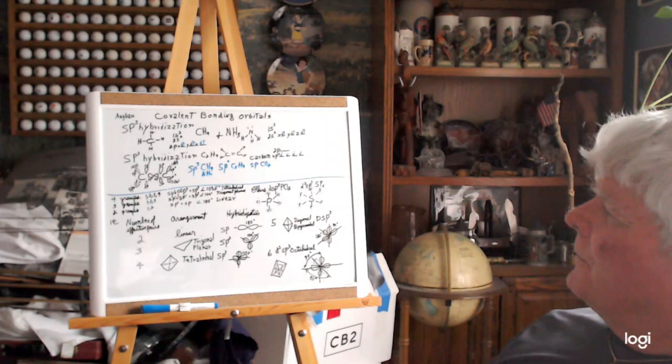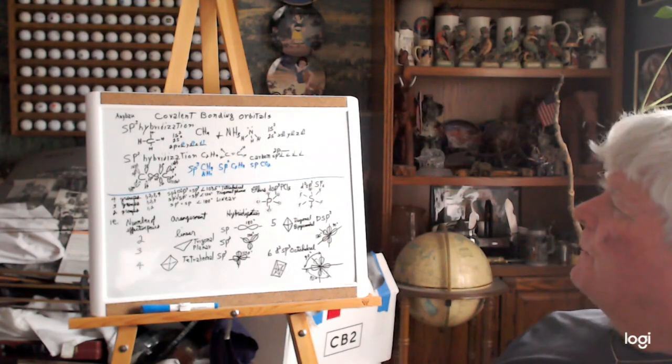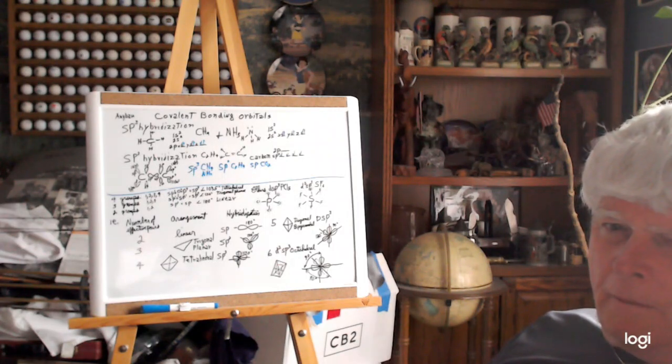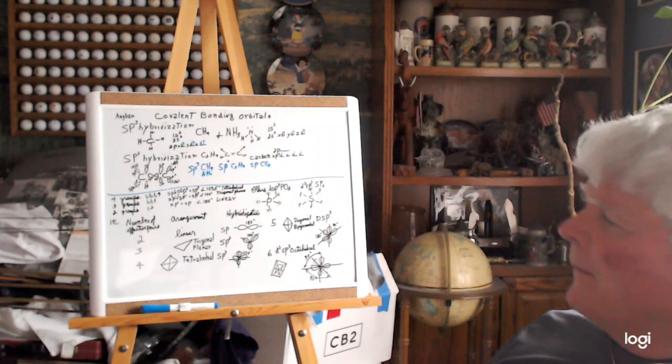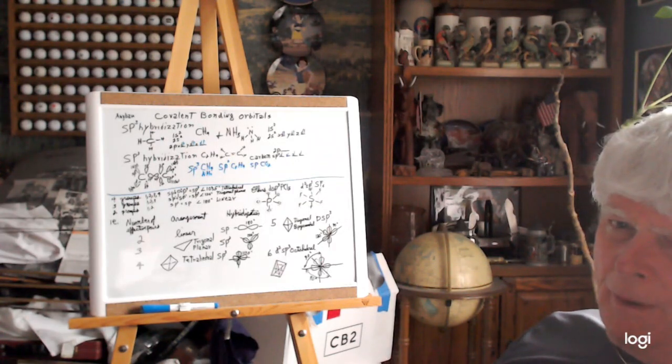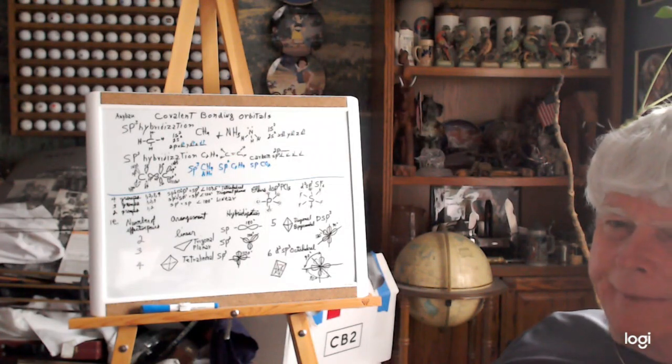So now we have sp3 with methane and ammonia, sp2 with C2H4, and sp is for carbon dioxide. Now, remember everything's patterns when you get into complexities.